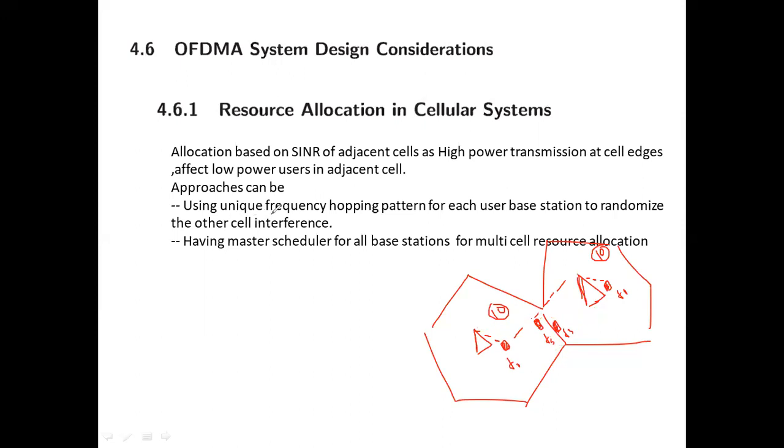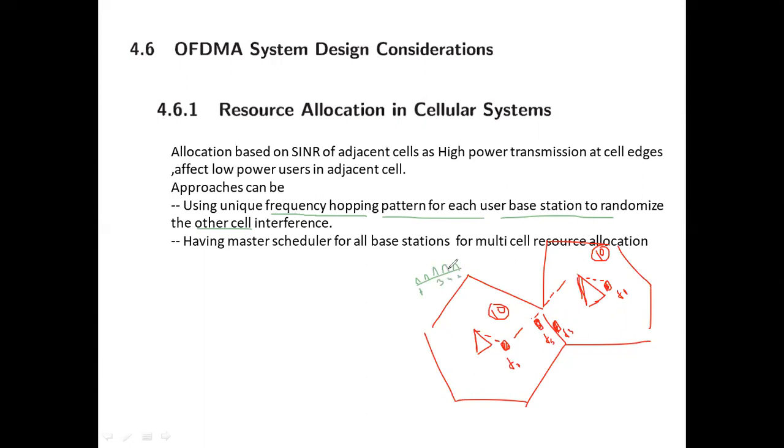One is using a frequency hopping pattern for each user. In this particular case, what's going to happen is that this tower keeps on hopping the frequency bands for whichever are allocated. Time instant T1 maybe in this particular frequency band, time instant T2 maybe it will go to this band, T3 maybe somewhere around here, T4 maybe around here.